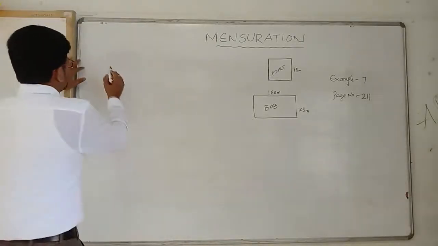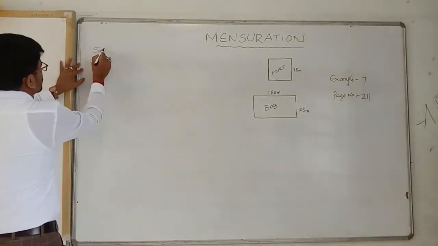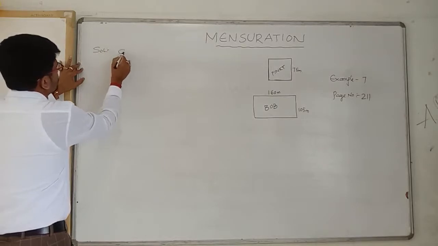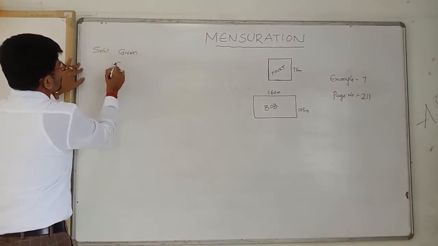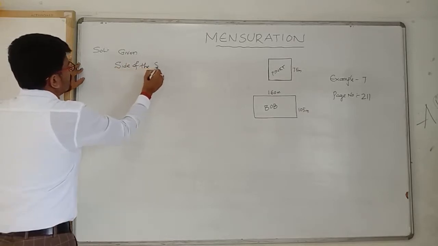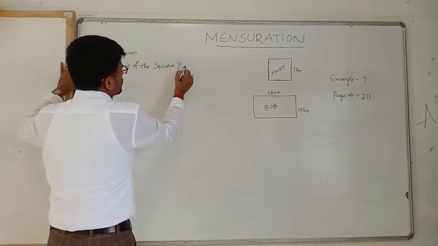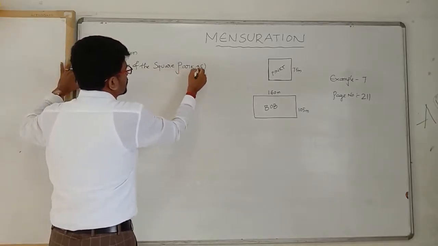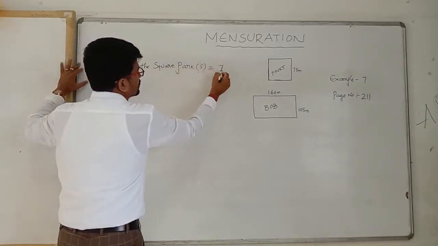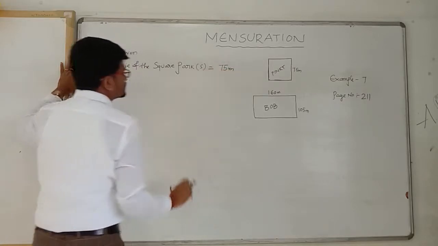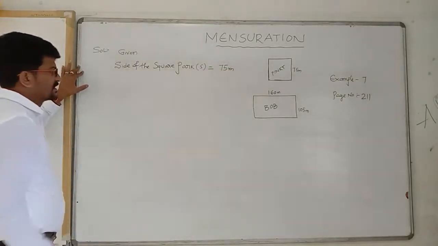Now first let us write the given. Side of the square park, S is equal to 75 meters.